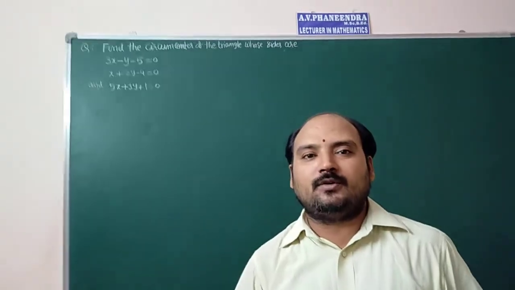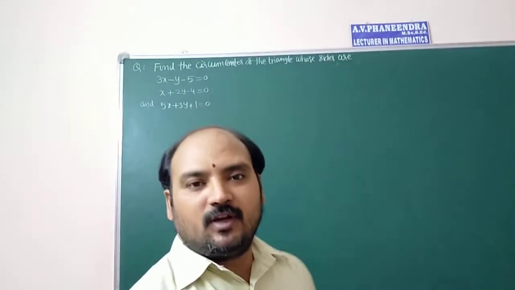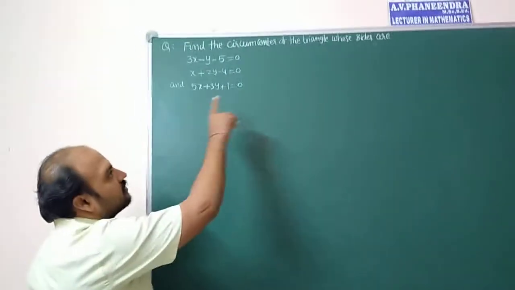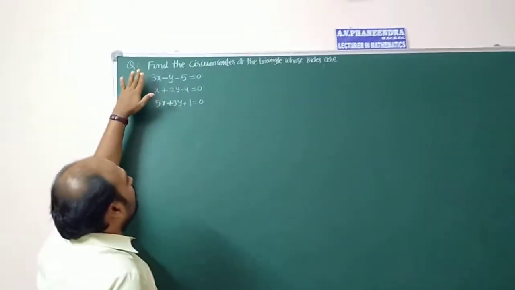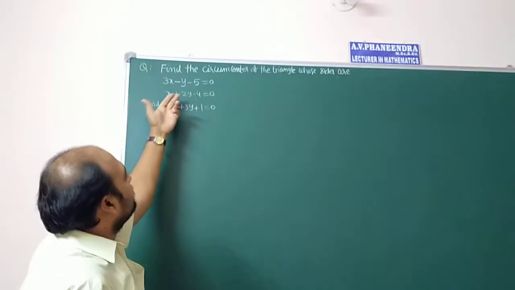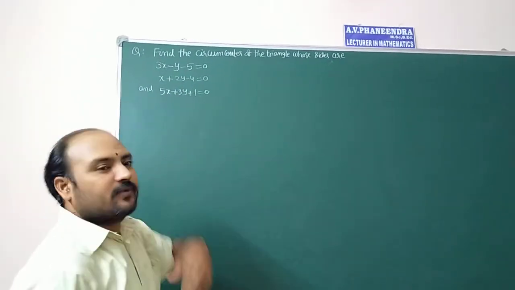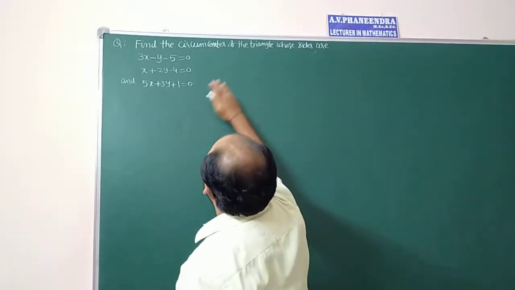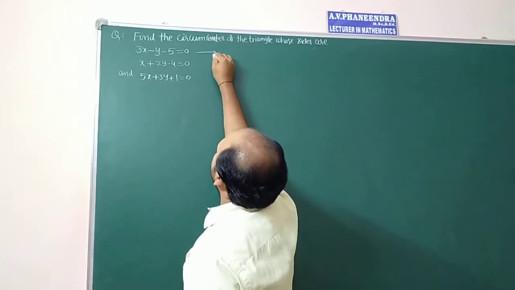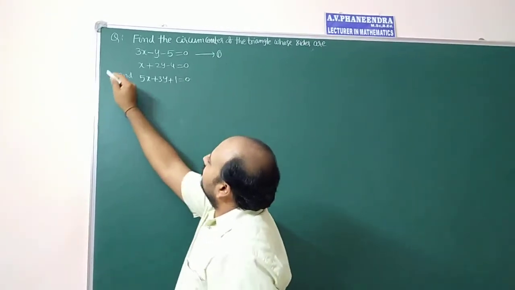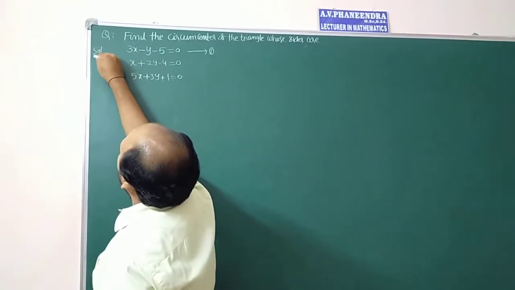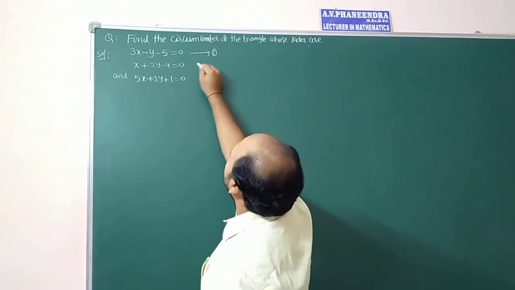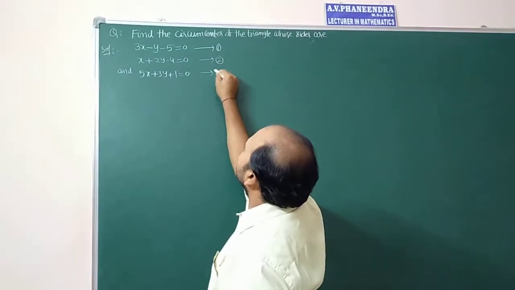In this question, when the sides of the triangle are given, how do we calculate the circumcenter of the triangle? See, first find the circumcenter of the triangle whose sides are 3x minus y minus 5 equal to 0, x plus 2y minus 4 equal to 0, 5x plus 3y plus 1 equal to 0. What we have to do is, first step: in the examination you can write the given sides separately, first equation, second equation and third equation.